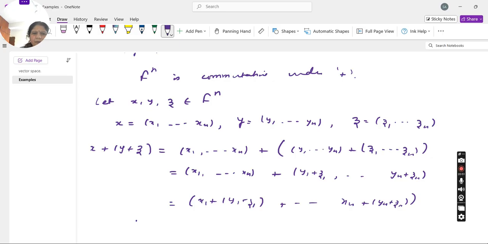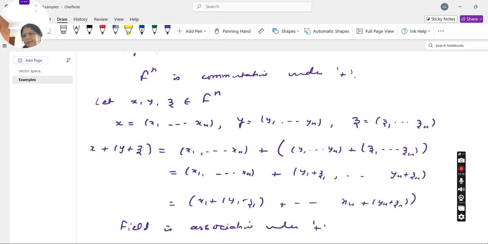Now, field is associative under addition.